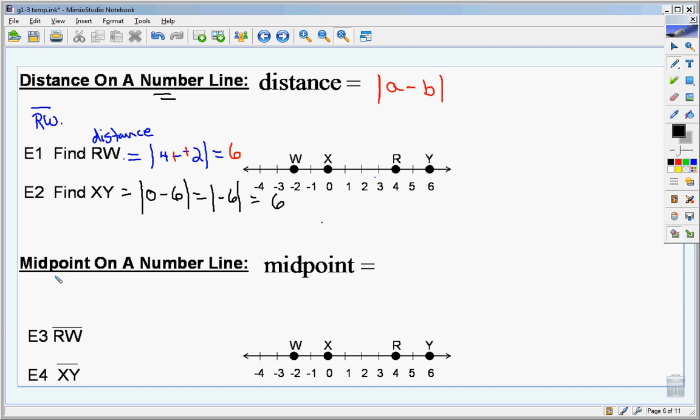Likewise, when they're talking about a midpoint, that is something that's creating two equal parts, two equal segments. In other words, it's directly in the center. The midpoint formula on a number line says if you take A plus B and divide it by 2.